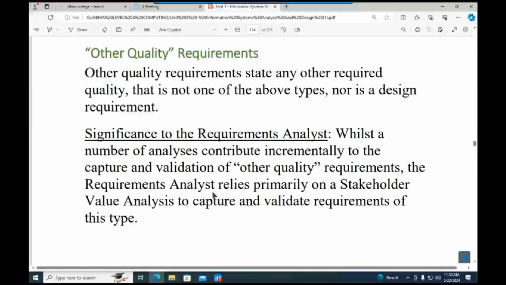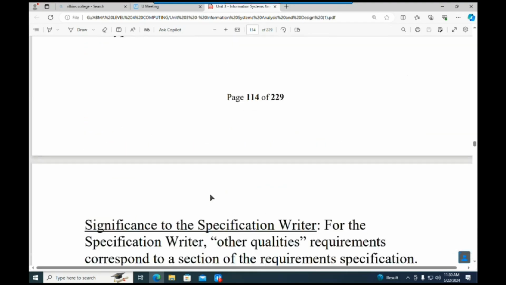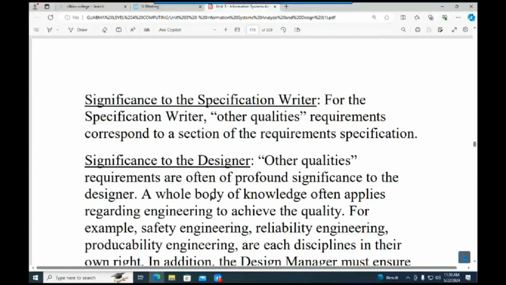The other quality requirements have significance to the requirements analyst, because when a number of analyses contribute to the capture and validation of some quality requirements, the requirements analyst must rely on the stakeholder value analysis to make sure that you capture and validate requirements of that particular type.